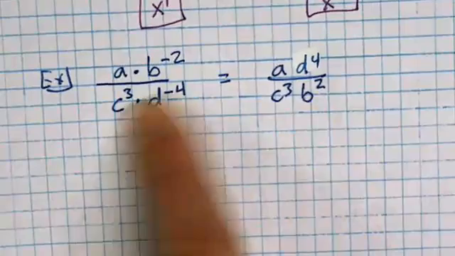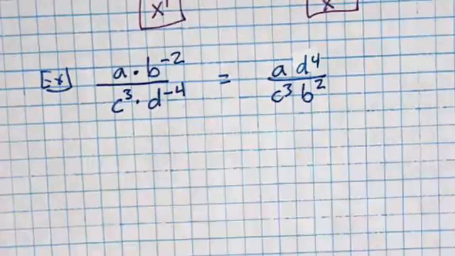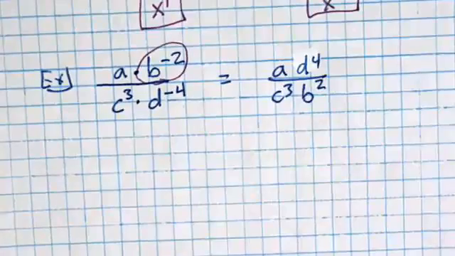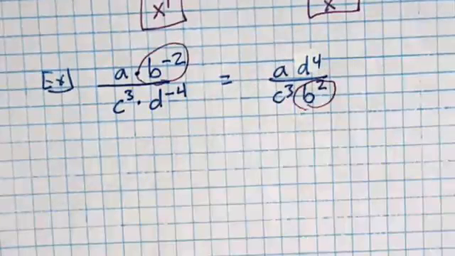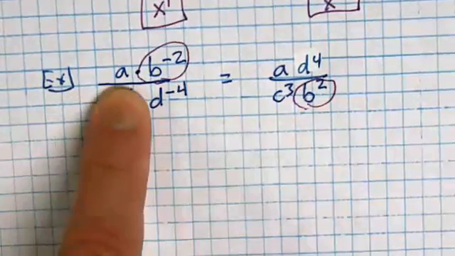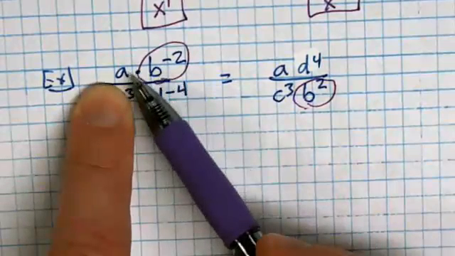How do we go from this to this? Check out the B. All right, so the B started in the top and it ended up in the bottom. Here's my first question to you. Why did the B move to the bottom but the A did not?